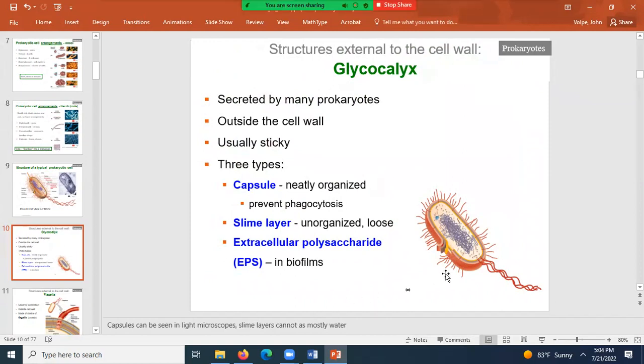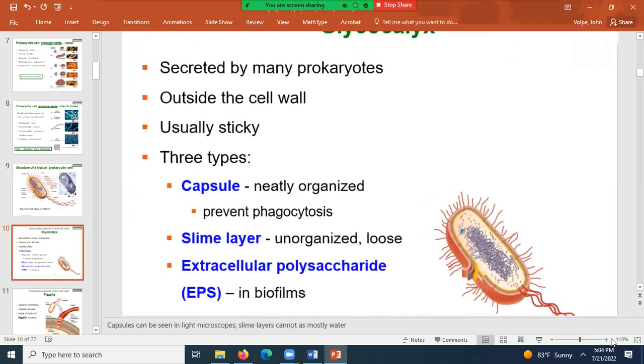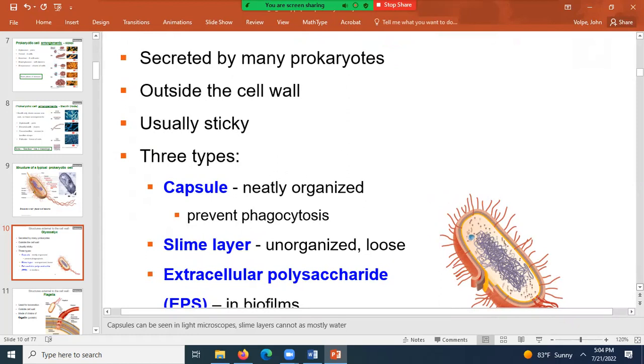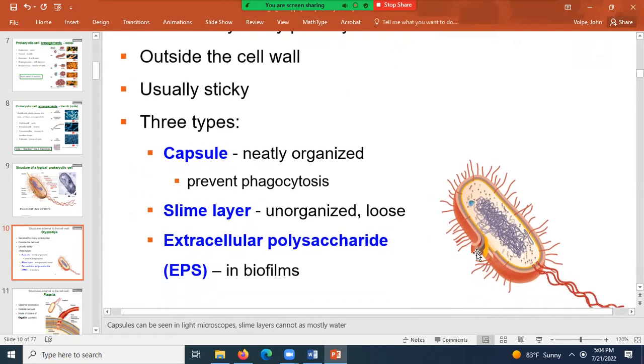The glycocalyx is outside the cell, usually sticky, outside the cell wall, and it can be relatively thin, like in this picture here, where the glycocalyx is the reddish pink layer, I guess you'd call it. Or it can be very thick.